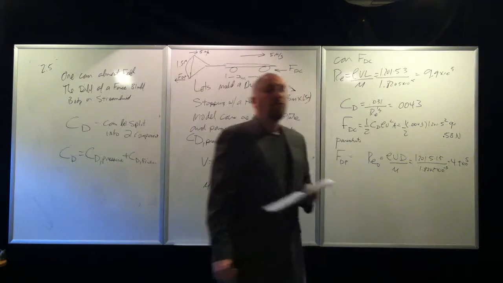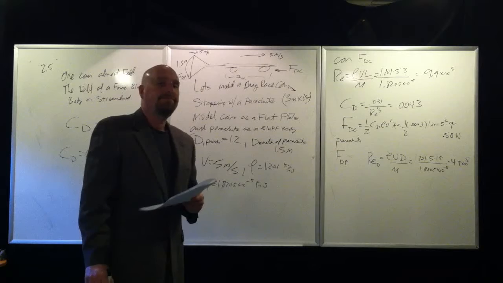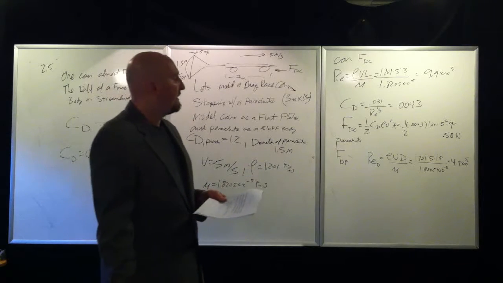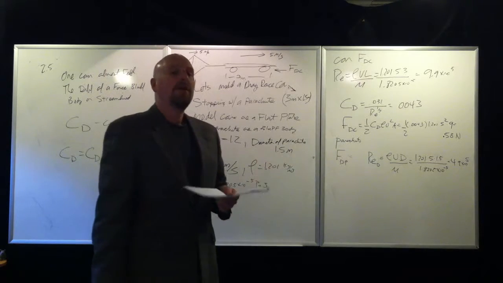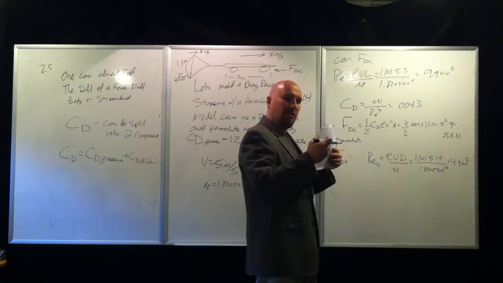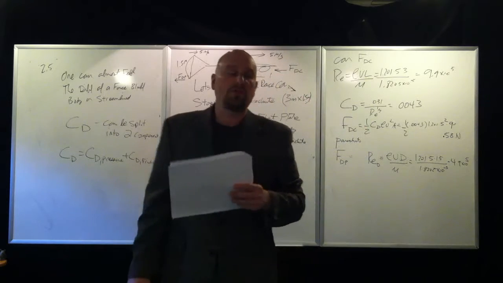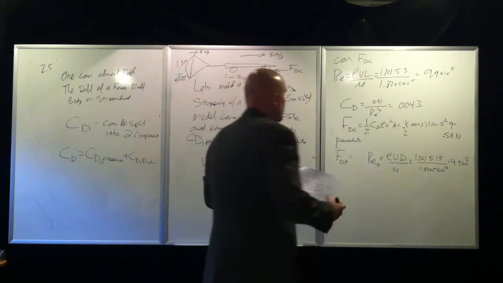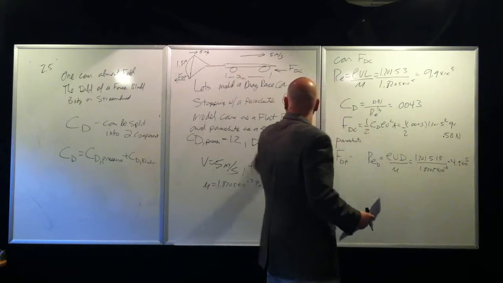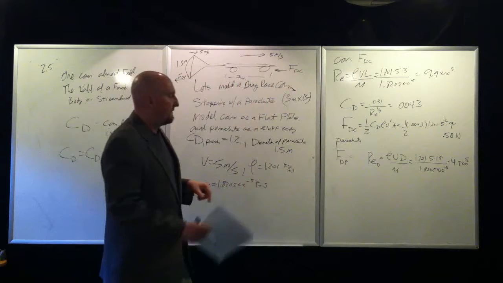That gives us a Reynolds number of 4.9 times 10 to the fifth. Now we didn't actually have to calculate the Reynolds number because for bluff bodies we want to make the assumption that the coefficient of drag is going to be relatively constant over a certain range. So in this case, we make the assumption that the coefficient of drag stays the same over our regime at 1.2.